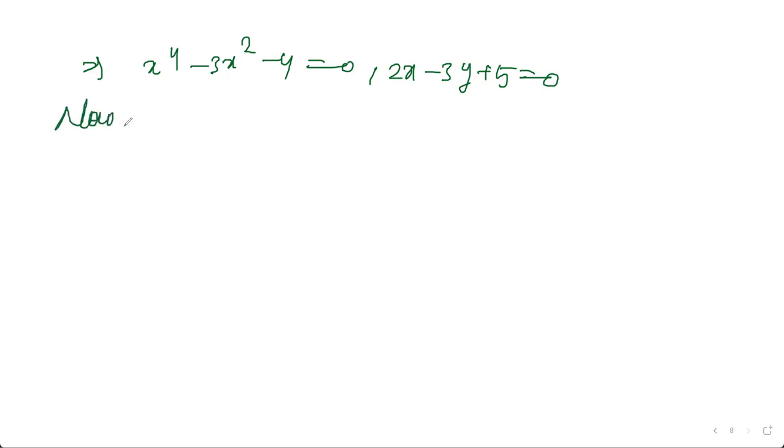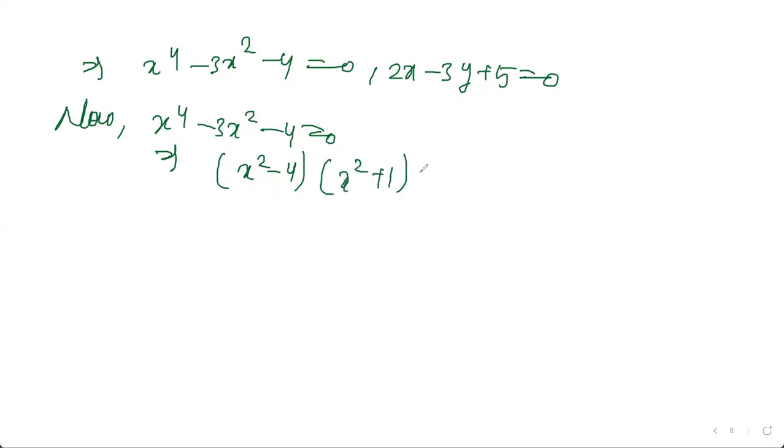Let's take the first equation, x to the power 4 minus 3x square minus 4 equal to 0. We can write this as (x square minus 4)(x square plus 1) equal to 0, which implies x square minus 4 equal to 0, so x equal to plus minus 2.